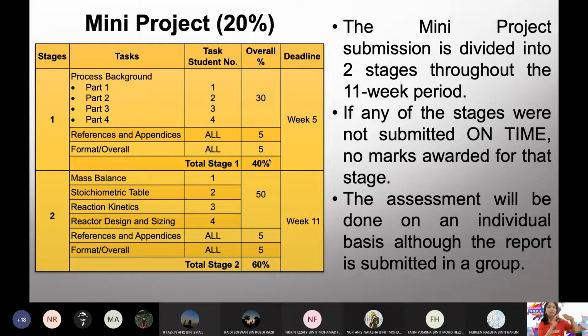Okay, so if you ask your friends or your seniors, Dr. Kelly is flexible, except for one thing that she is inflexible about: deadlines. Deadline to me is very, very important, in the sense that if the deadline has been set at that date and time, you have to follow it.